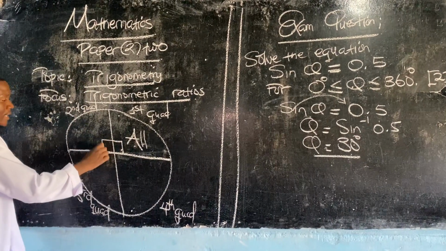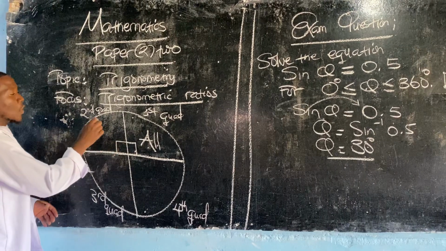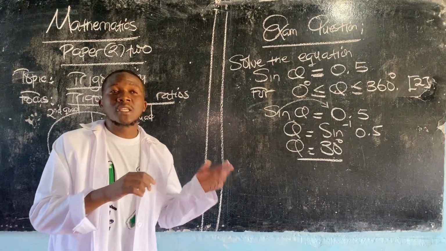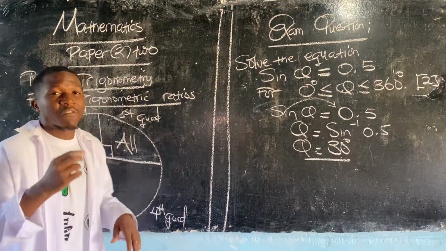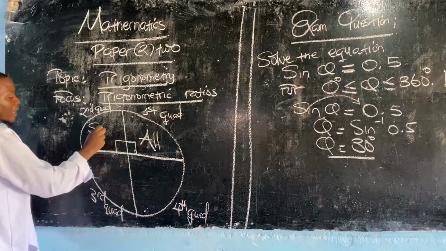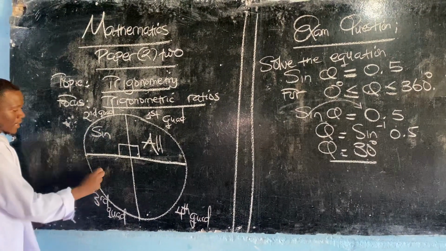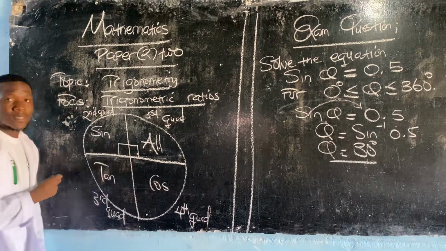Then in the second quadrant, it's an extension of 90 to 180. So when we punch the values between 90 and 180, only sine amongst the 3 trigonometric ratios will give a positive value. So in the second one, the only positive ratio is sine. Then in the third, we're going to find that there is tan. Then here, there is cos.